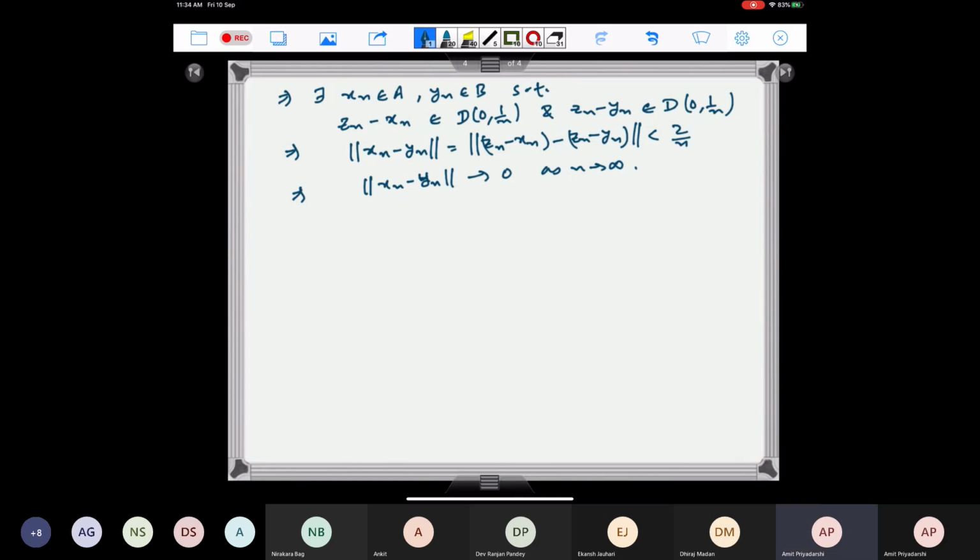Now we will make use of the fact that A is closed and B is compact. Yn is a sequence in B, and B is given to be compact.